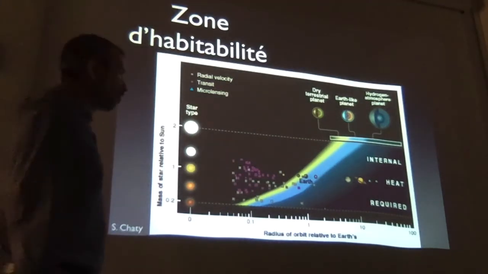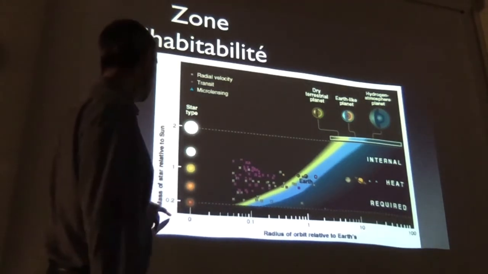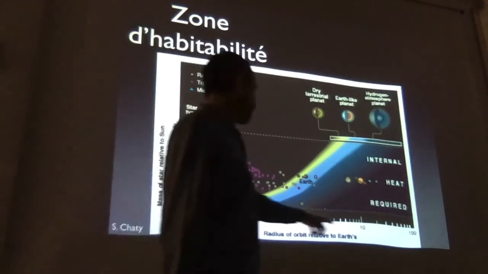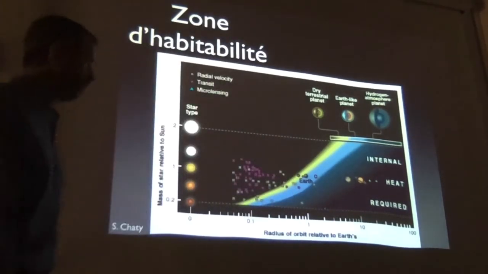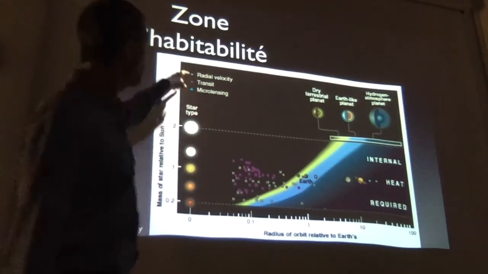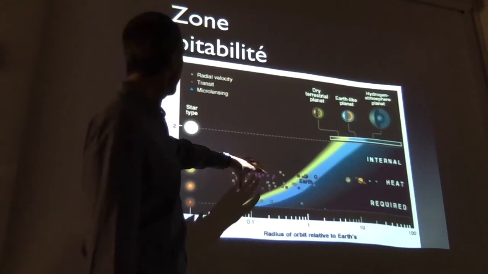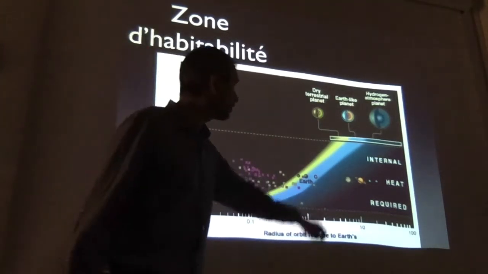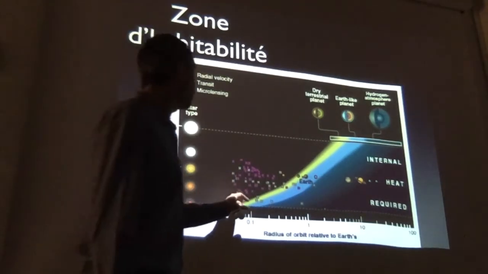This is a more elaborate version of this plot. So you have the mass of the star. The Sun is here. This is the radius of the orbit. So the Earth is here. And you see that this is the radial velocity, the transit in violet, and microlensing in blue. And what you see is that you have the habitable zone.